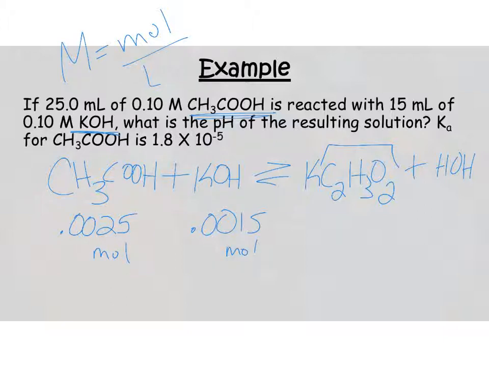Okay, so what you should notice is that KOH is your limiting reactant. So that means it's the one that you're going to run out of. So definitely not going to have any of it left. Now, what you do have excess of is your acid. So you have not completely neutralized your acid.